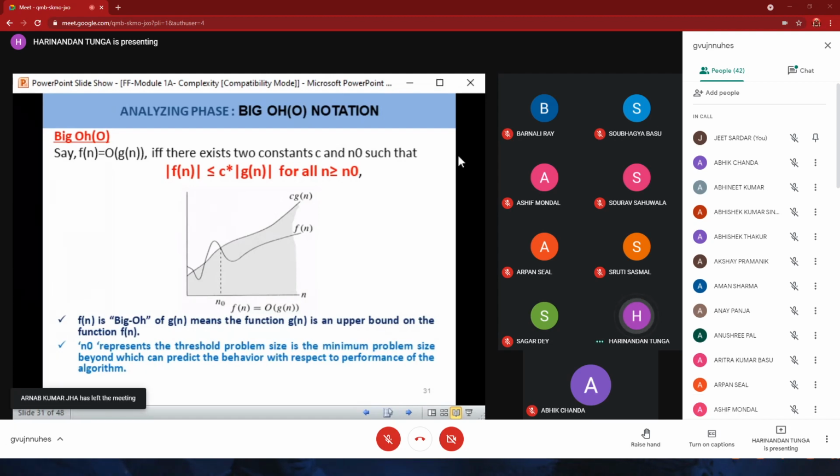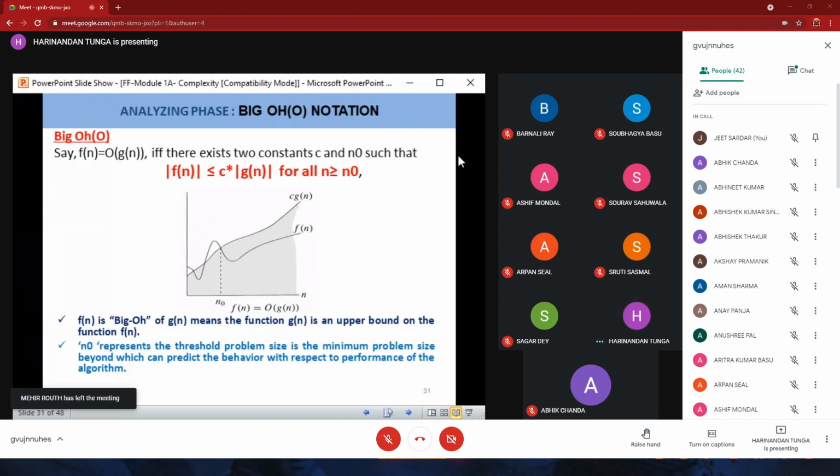We say that f(n) equals order of g(n) if there exist two constants c and n0 such that mod of f(n) is less than or equal to c into mod of g(n) for all n greater than or equal to n0. What is n? n is the problem size. What is n0? n0 is the minimum problem size, known as the threshold.